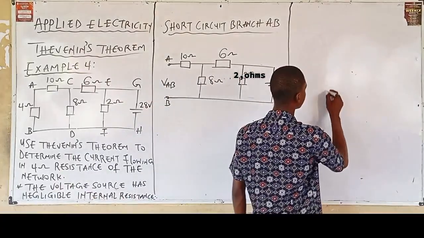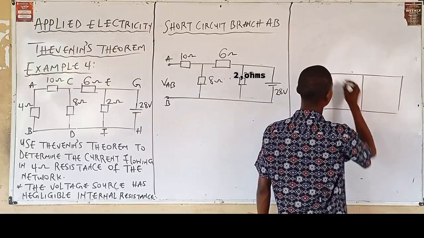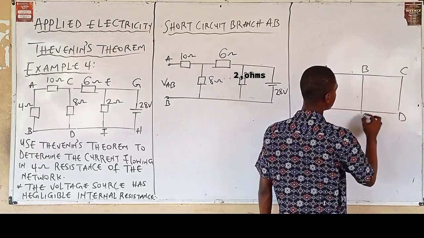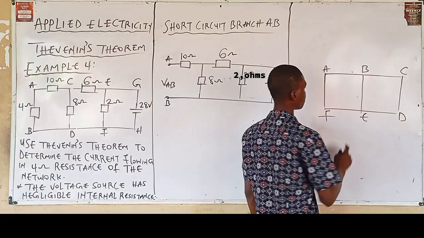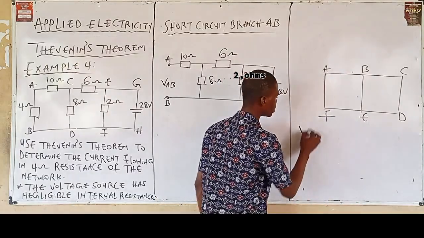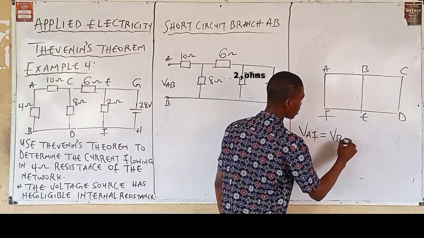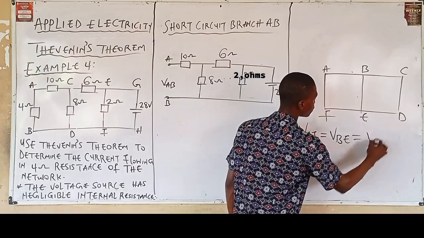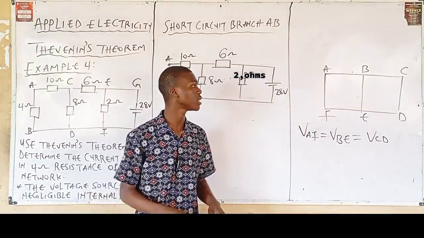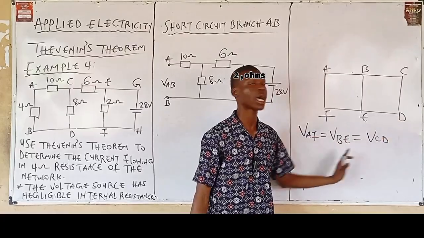Now, say you have this circuit, call this A, call this B, C, D, E, and of course F. Now, in this case, what it means is that the voltage of branch AF is equal to the voltage of branch BE and is equal to the voltage of branch CD. So in essence, for parallel resistors, the voltage across each branch is equal, right?